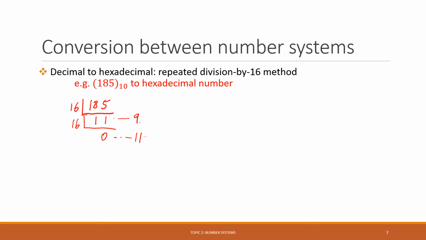And we should know that 11 we represent using the letter B in the hexadecimal number system, right? So then we read back, so I got B9 is the hex representation of 185.